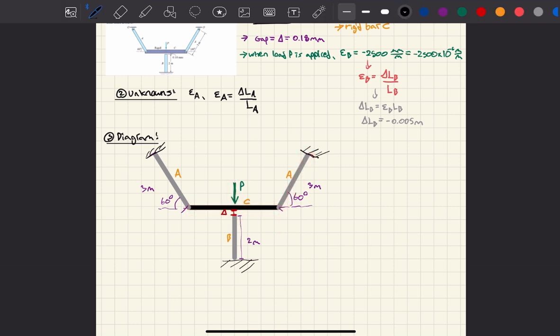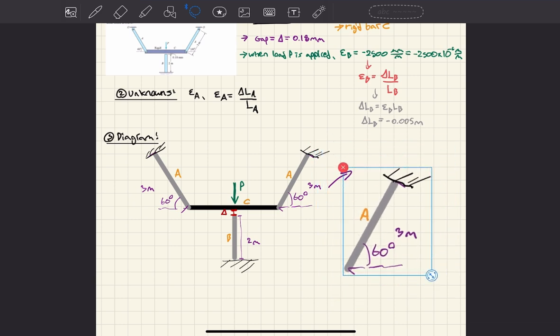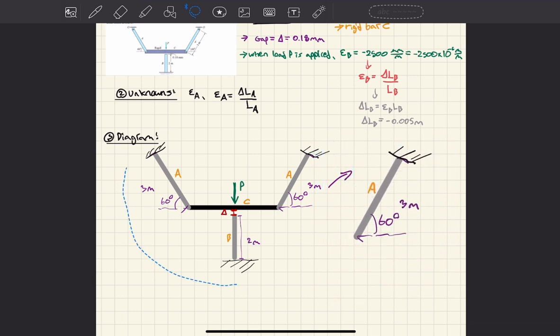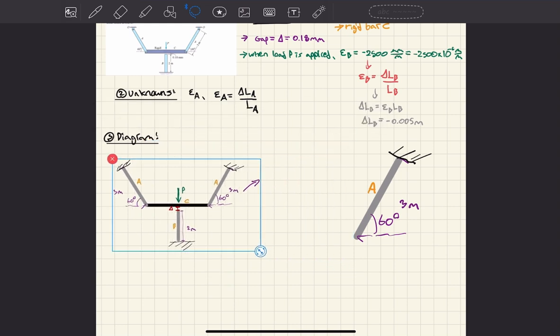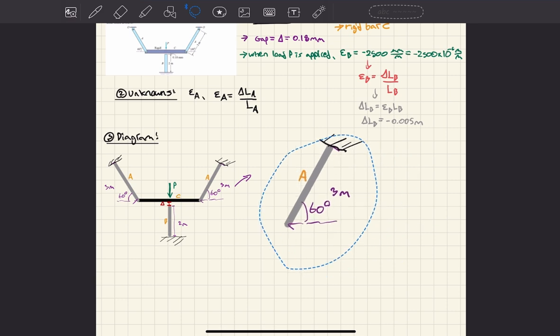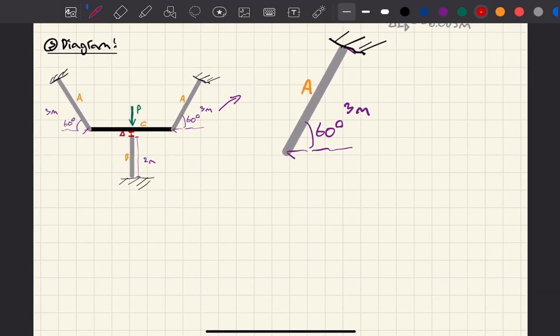If I sketch bar A just on the side here, and I just take this part right here, we can draw the original place, pretend this was bar C, right?